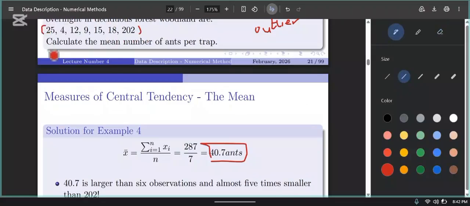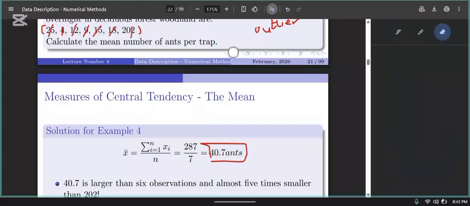Yes. So when we add all these numbers, this is the 287. The 7 is when we count how many numbers are here: 1, 2, 3, 4, 5, 6, 7. Then that's how you get the mean.